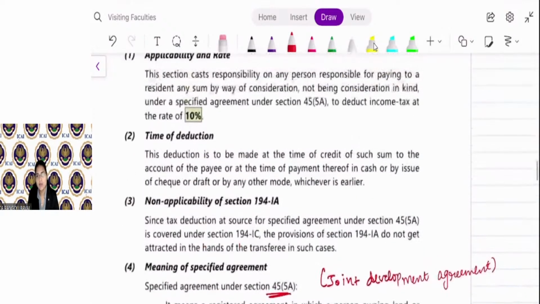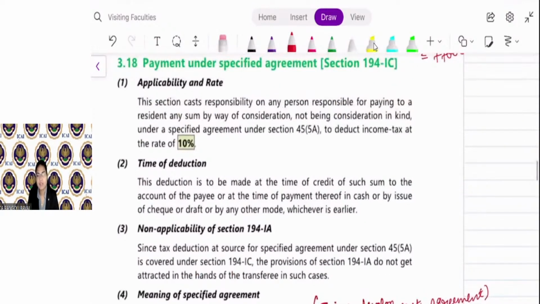So, in case of joint development agreement, the builder is responsible to deduct TDS on consideration paid to the landowner, and the rate of TDS is 10%. Here, the TDS is applicable only and only on cash, that is the monetary consideration provided by builder to landowner, and not the consideration in kind.